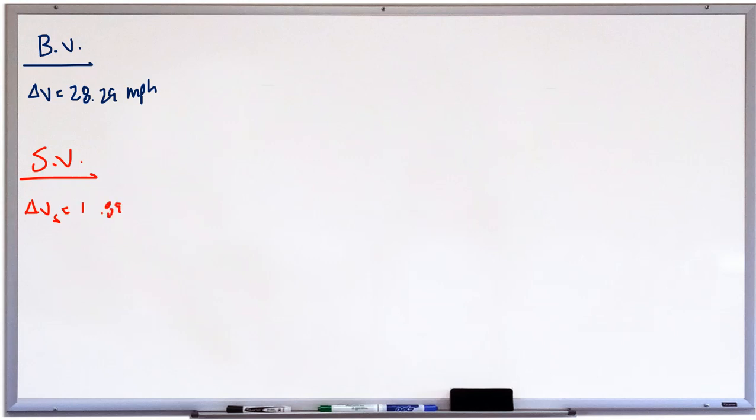So now that I know the delta V for each vehicle, I can use those two changes in velocity and I can figure up a closing speed or a closing velocity for the crash. And this is where, if some of you have not worked with closing speed ever, it can be a little confusing at first. So I'm going to give you a really easy way to think about this.